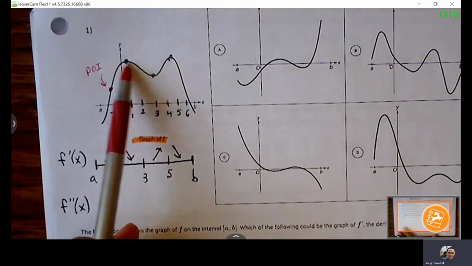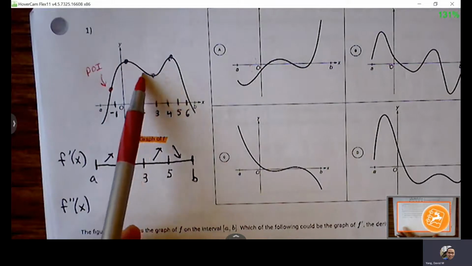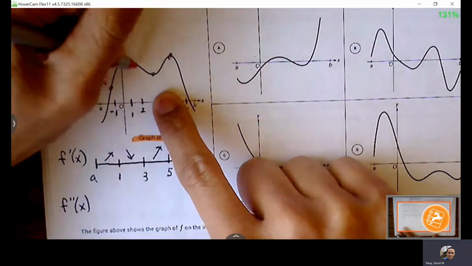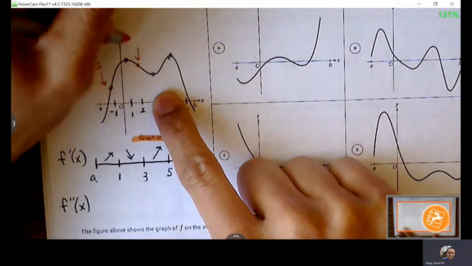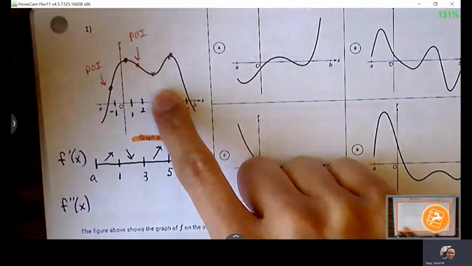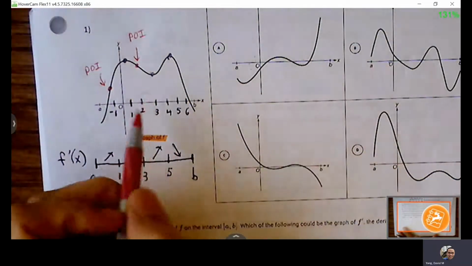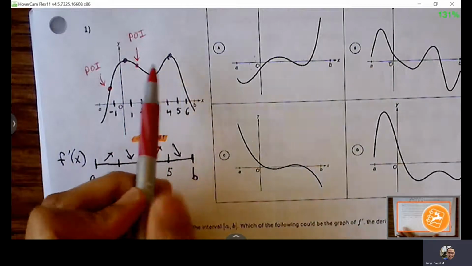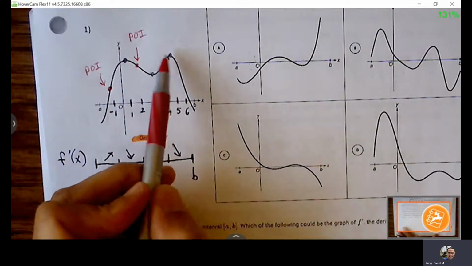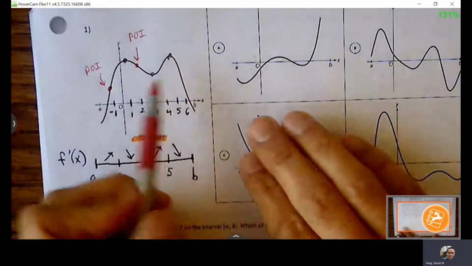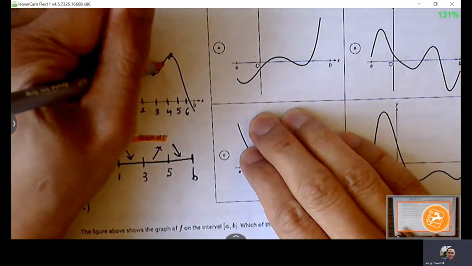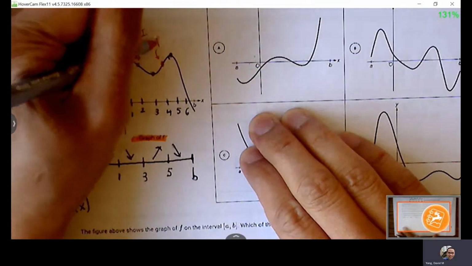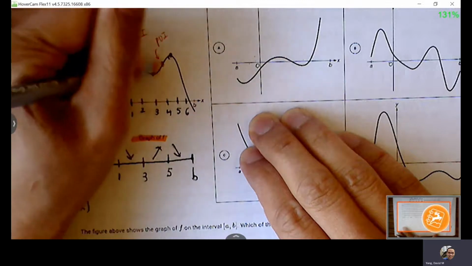Now, this is concave down, but then it's going to switch back to concave up again. So at 2, I'm going to give it a point of inflection location. Concave up switches to concave down at some point, and I can call this point of inflection as well. So I have that at 4.